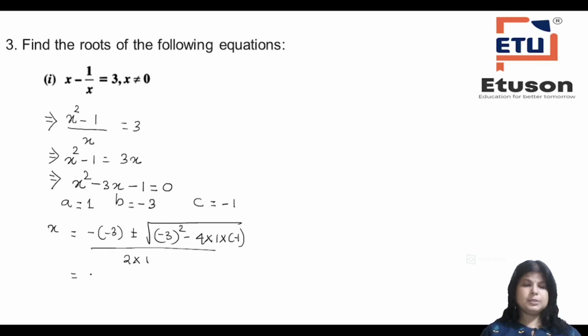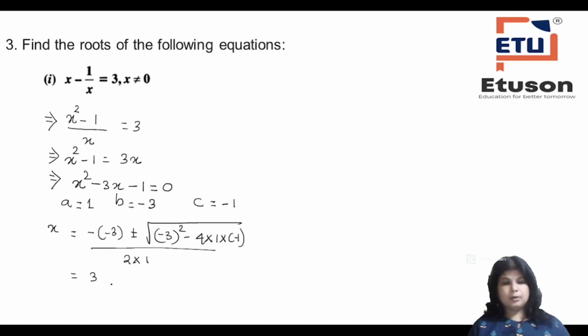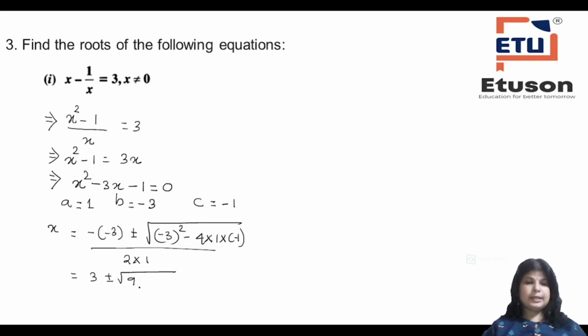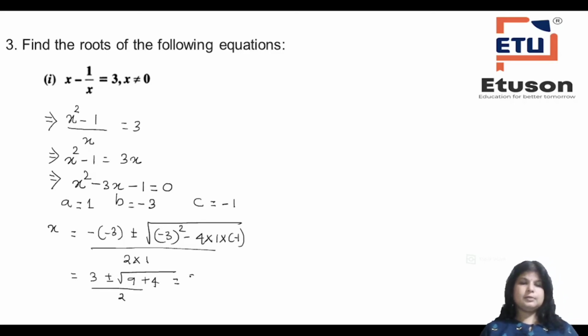So that becomes 3 plus or minus square root of minus 3 whole square is 9 plus. How much is 4 into minus 1? It is minus 4, minus of that plus 4 divided by 2. So that is 3 plus or minus square root of 13 divided by 2.